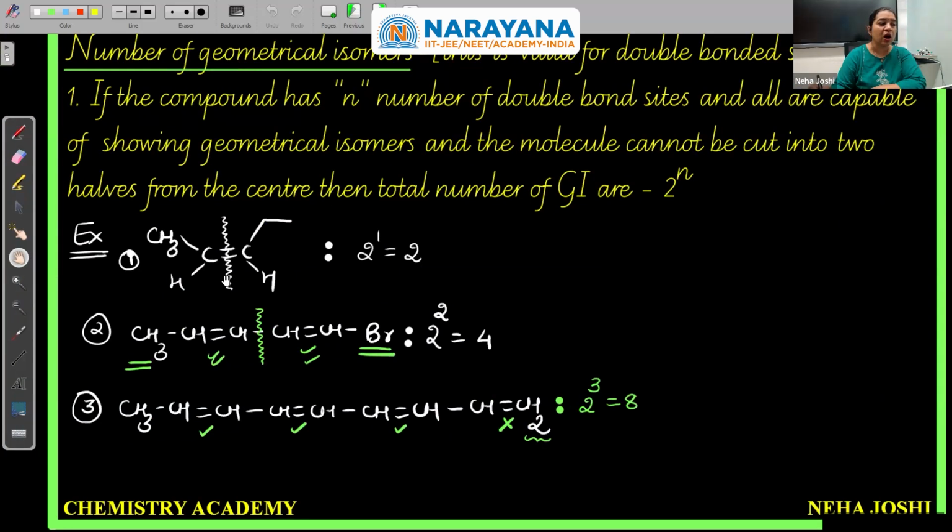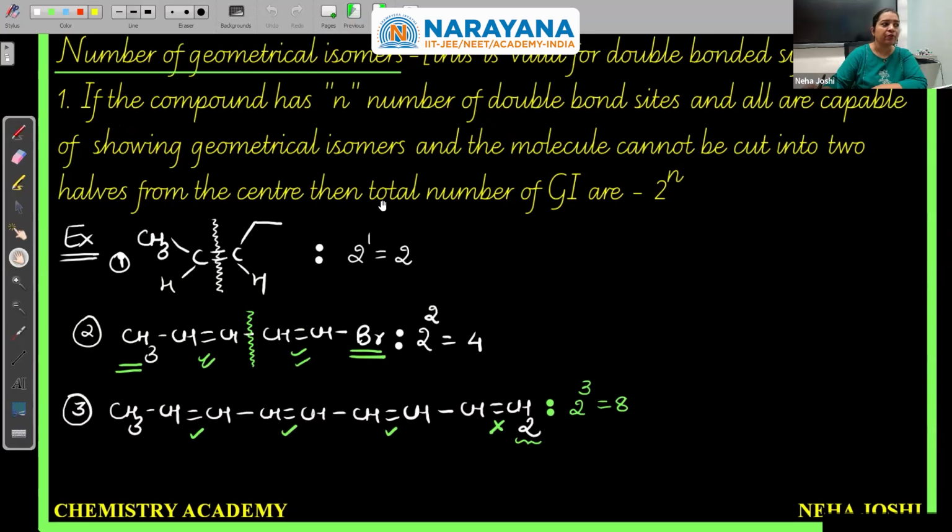Like here, CH3 and H, and here Et and H. Here the corner is CH3, then here the corner is bromine. If both sides were CH3, then it could be cut into two halves. Exact halves is what I intend here. If it cannot be cut from the center, then total number of GI is 2 raised to power n.